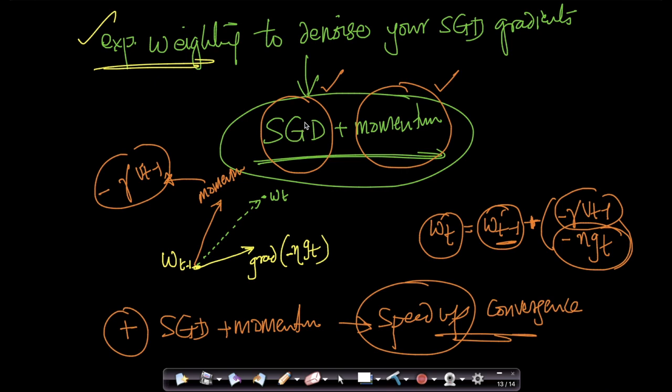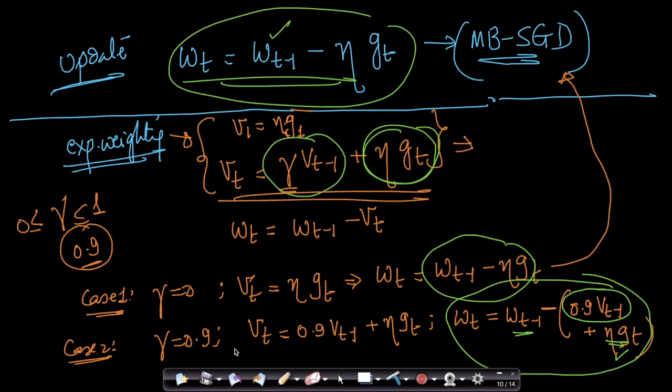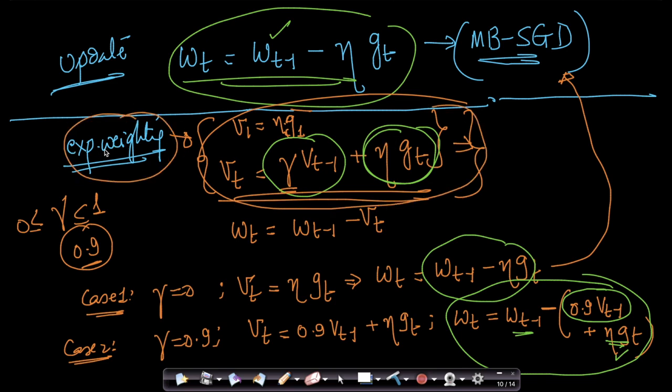Hence I've taken a lot of time to explain this in detail. Some of the next concepts that we learn are just small improvements on this, nothing very fancy. But the core concept of using momentum, or exponential weighing, is a very, very important concept in the whole of optimization.